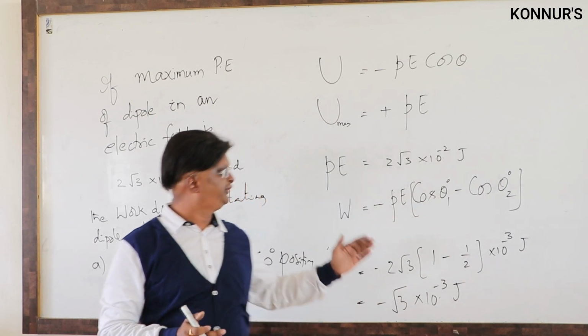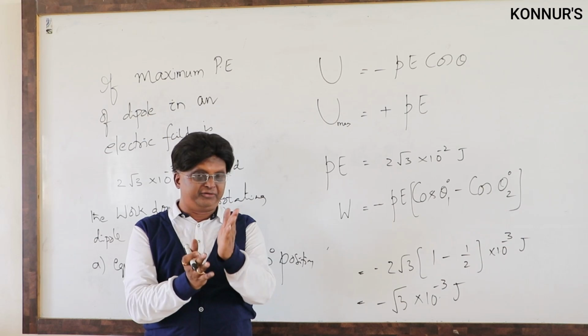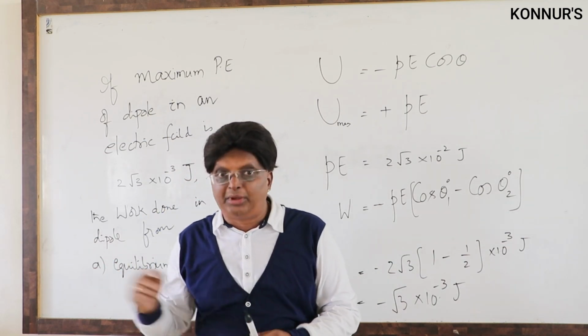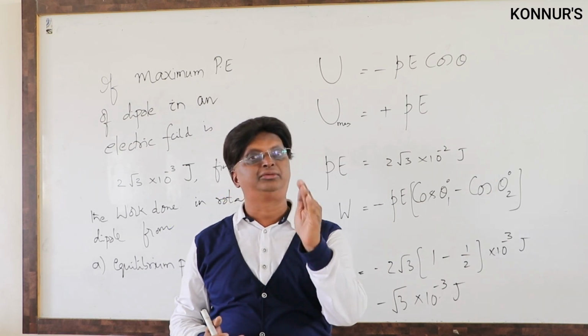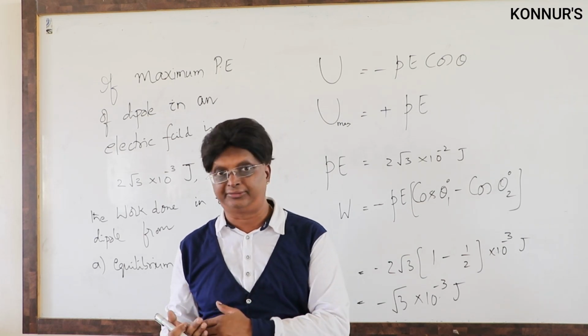Now here theta 1 and theta 2 positions can be given any number. Like suppose it is rotated from stable equilibrium position to unstable equilibrium position. Right? What will be the result? Stable equilibrium theta 1 is 0, unstable equilibrium position means theta 2 is equal to 180 degrees.